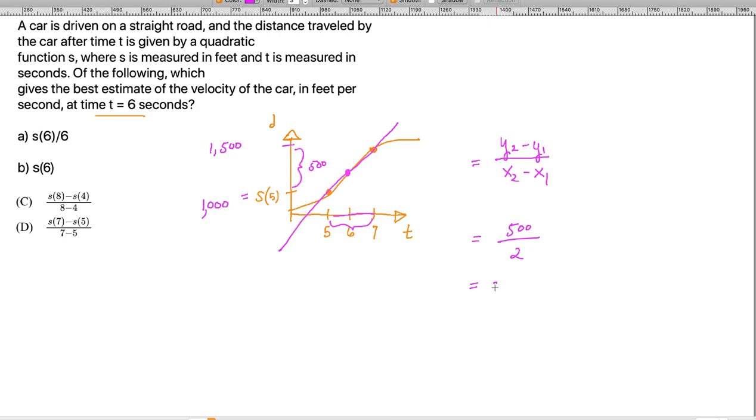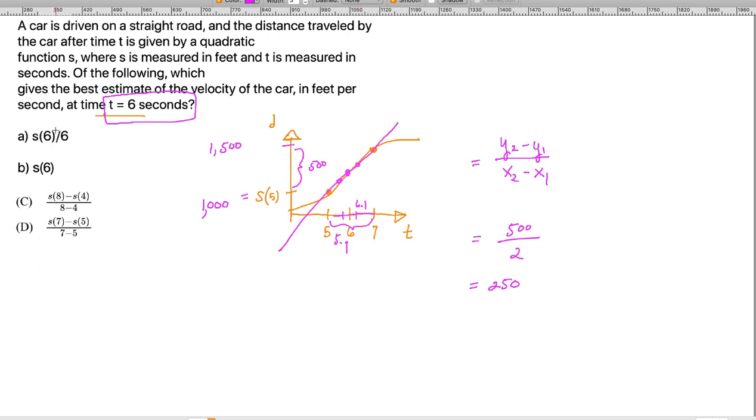It's moving 250 feet per second on average in that time period. Now, to find its instantaneous velocity at exactly 6 seconds, I would make this interval smaller and smaller, say between 5.9 and 6.1.